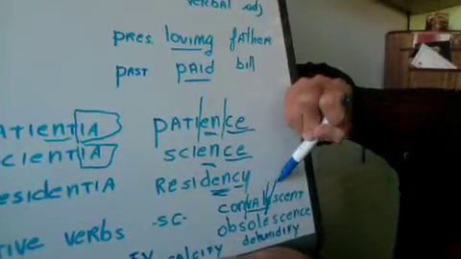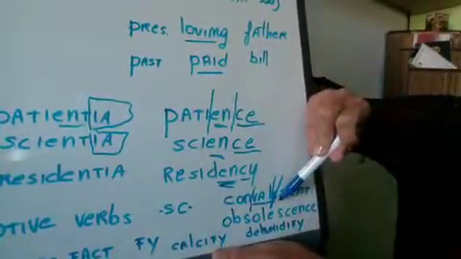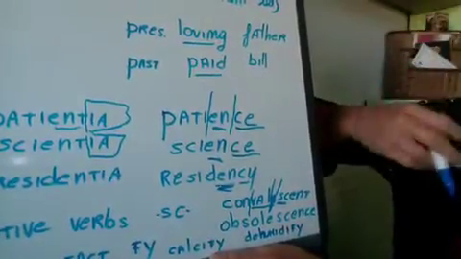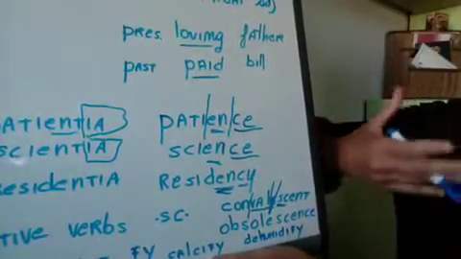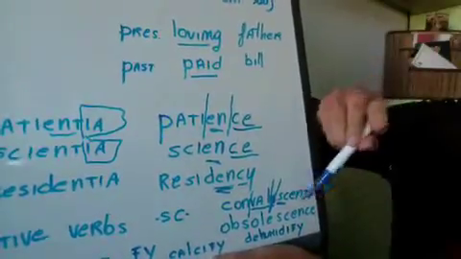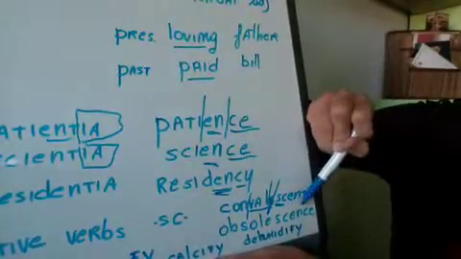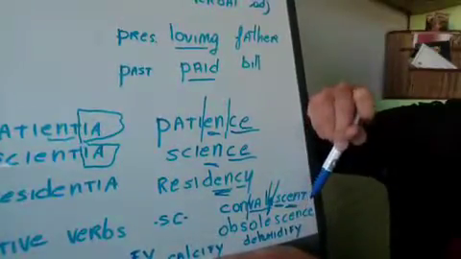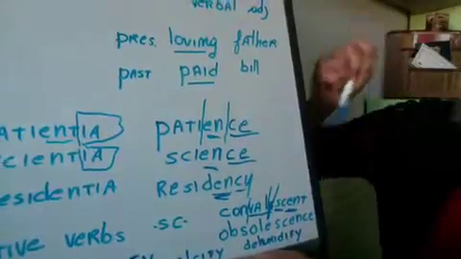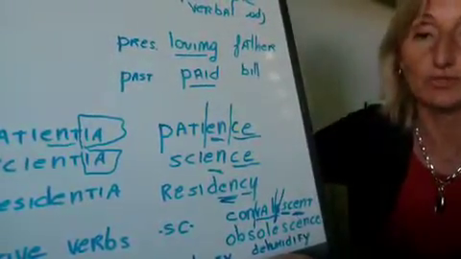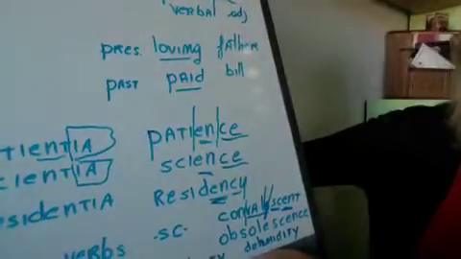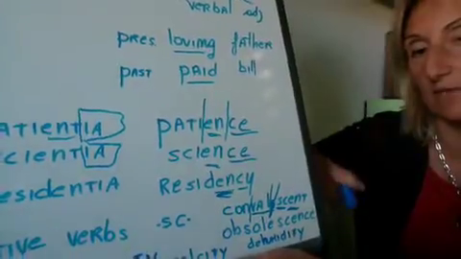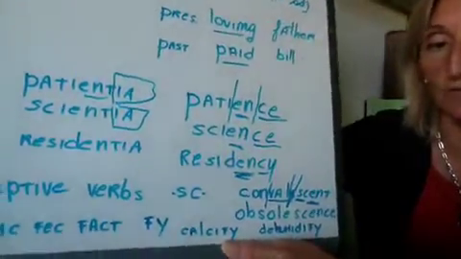Then you have the suffix SC of the inceptive verbs, which gives the idea of starting, and then you have the ENT, the participial ending of the participle, with the T indicating a person. Same thing for obsolescence, which means something that is becoming out of use and not used anymore.